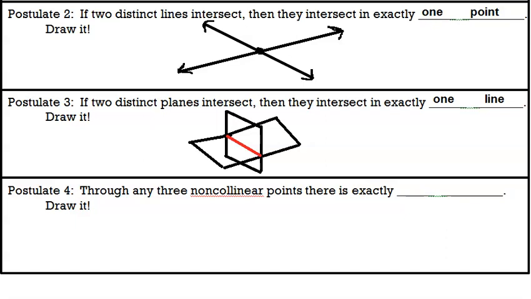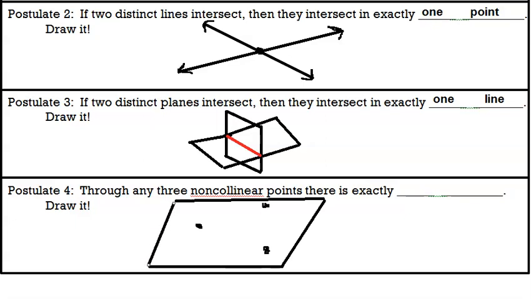All right. And last but not least, if I give you 3 non-collinear points, so basically I'm just going to make a point here, point here, point here. Well, there's not one line that you can use to connect them, but there is 1 plane that they'll all be on. So the very last thing you're going to fill in here, that was awful. I apologize.